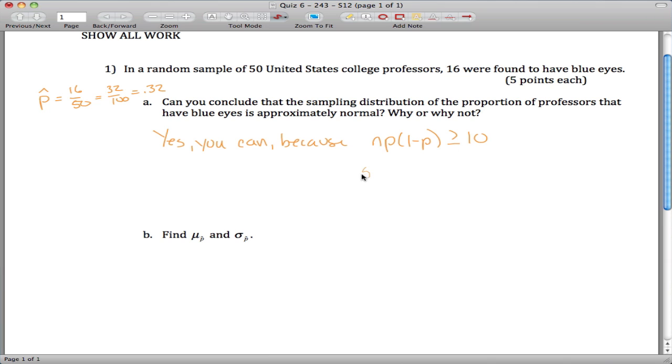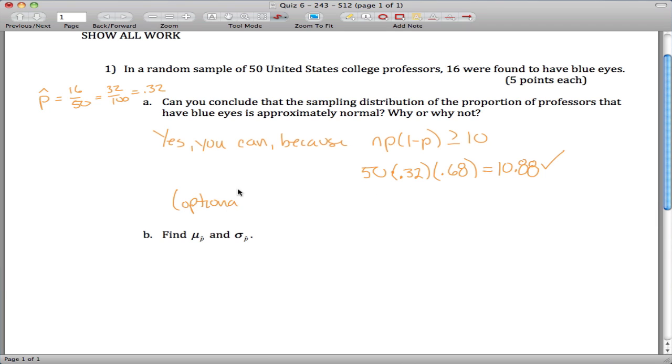In this case, n is 50, p is 0.32, and 1 minus 0.32 is 0.68. If you multiply those out, 0.32 times 0.68 times 50, you get 10.88. So good, it is.